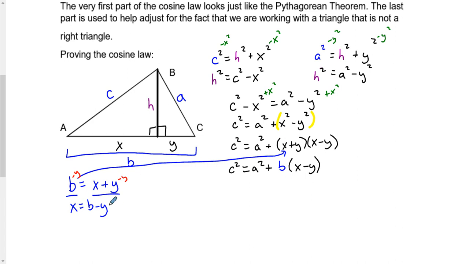Well, if x is b subtract y, we're going to plug that in for x. So we'd have c squared equaling a squared, adding b. The x is b subtract y. And then we still have to subtract another y.